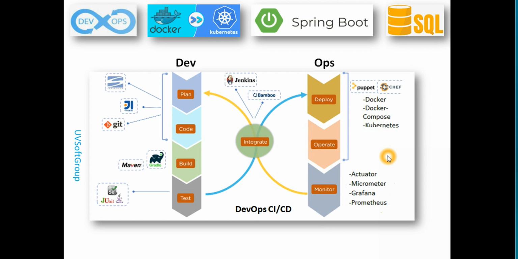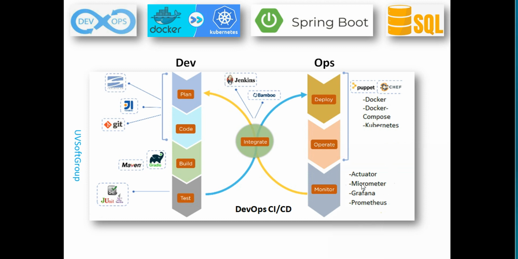The deployment could be a standalone Java based deployment, or a deployment with Docker and Docker Compose, or a deployment with Docker and Kubernetes container orchestration tools. That's the possibility.